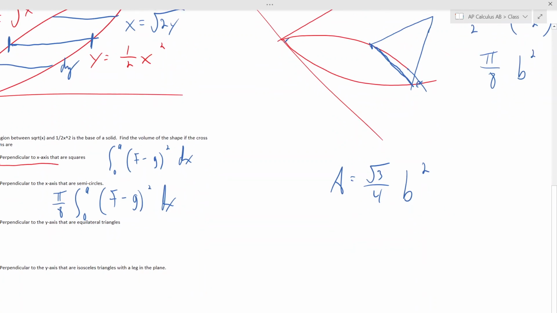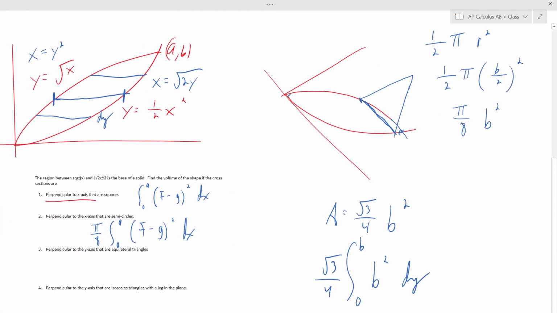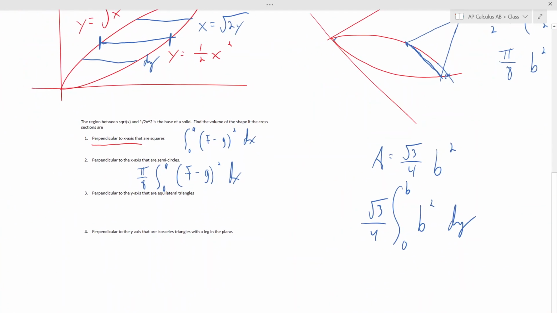So the volume of this shape is root 3 over 4, the base squared dy. But we're going from 0 to b now, because the y value of that point up there is b. So this would be root 3 over 4, the integral from 0 to b of the right side, which is root 2y, minus the left side, which is y squared, dy.